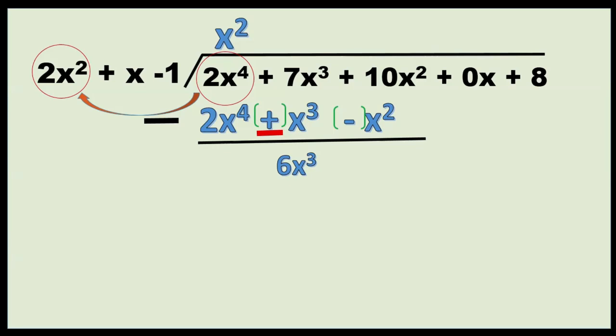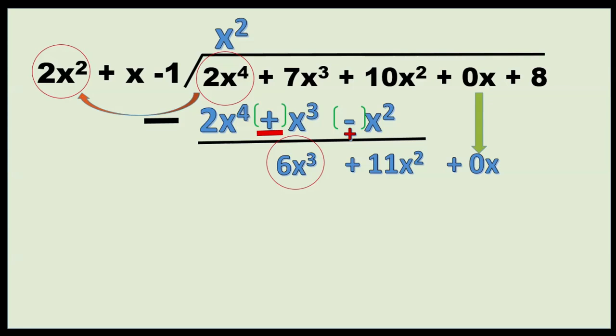Next is 10x squared minus x squared. Again, we change the sign, negative make it positive, and then proceed as in addition. So 10x squared plus x squared is positive 11x squared. And then the next one is to bring down 0x. Okay, next.